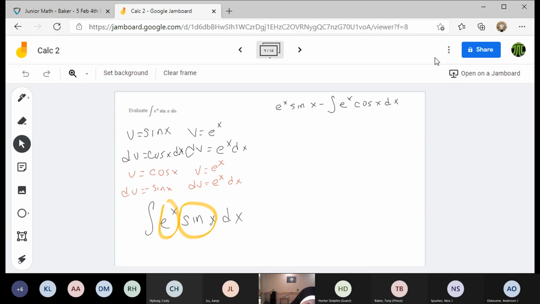All right, so we have e to the x sine x minus, and then I have e to the x cosine x minus the integral of e to the x times negative sine of x dx.